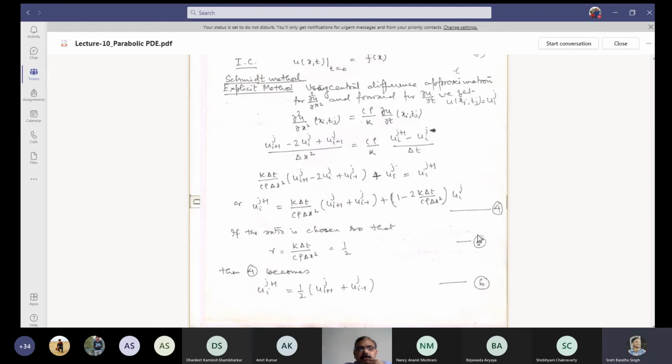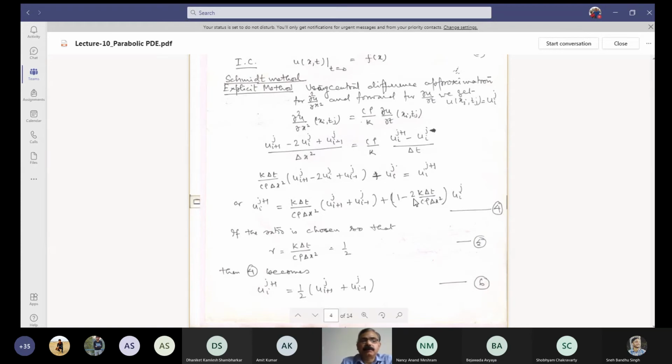Yes, sir. Okay. So this is a parabolic type of PDE. I have already told on the last run that unsteady heat flow is there, diffusion equation is there. So all these equations come under this.